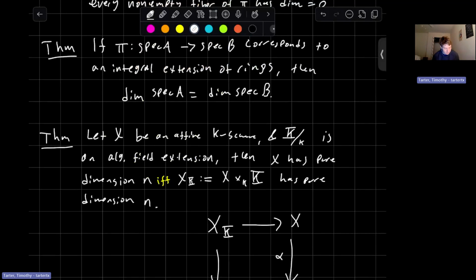And so if X is spec A, and A is an integral domain, an irreducible component of X_K corresponds to a minimal prime of A tensor capital K over little k. Yeah, and that makes sense.